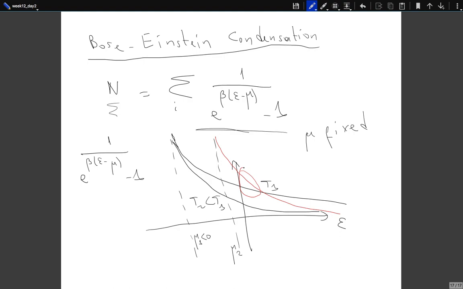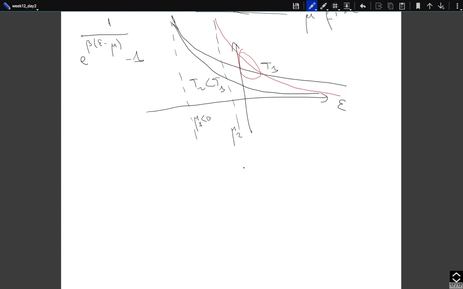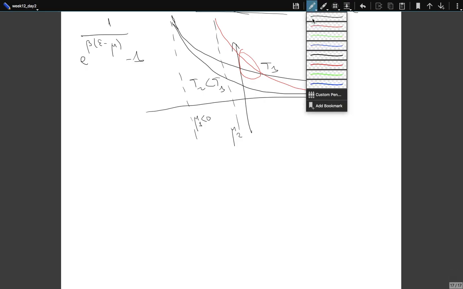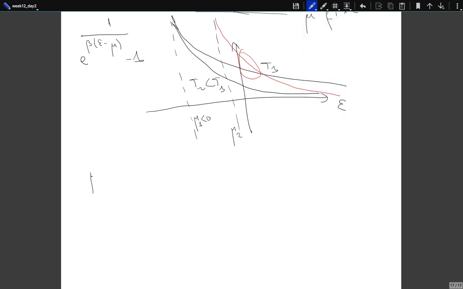So that's what we expect. This argument basically tells us, and we should show it more rigorously, that mu increases as the temperature decreases. So the chemical potential as a function of temperature should increase in magnitude.